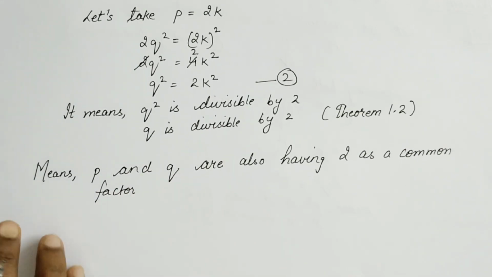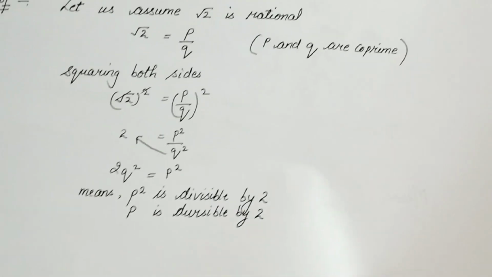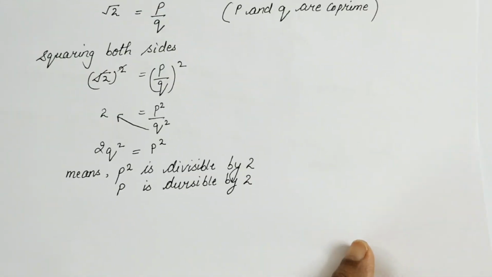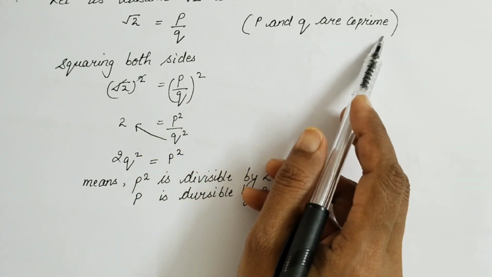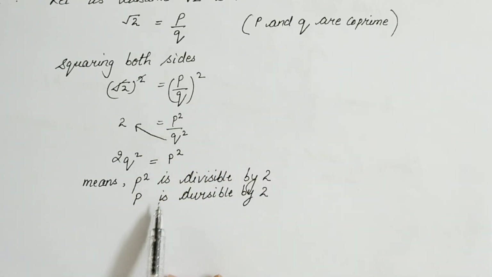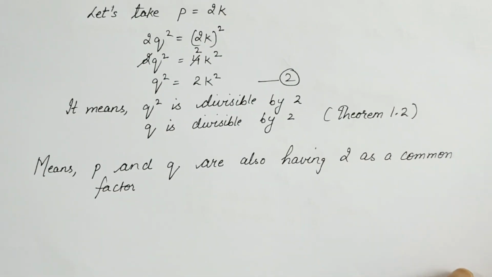Now, you can see here that we have assumed that P and Q are coprime. And here I am saying that they are divisible by 2 also.